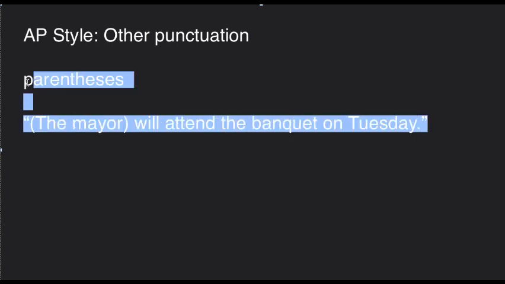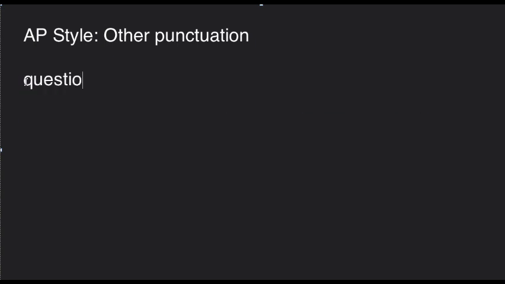Okay, question marks and exclamation points. These are pretty basic. Question marks, exclamation points, they obviously go at the ends of sentences, and here this is one where you need to think about whether these belong inside or outside the quotation marks if it's a quote.